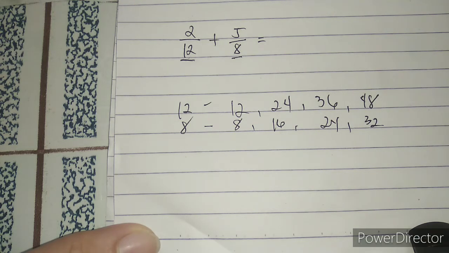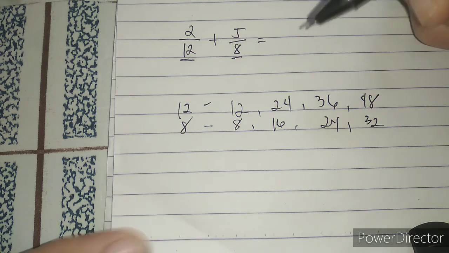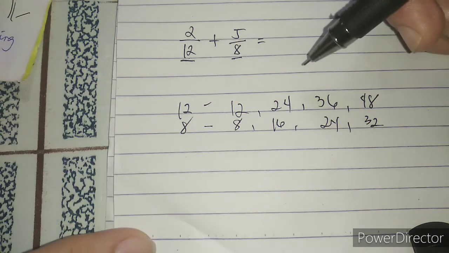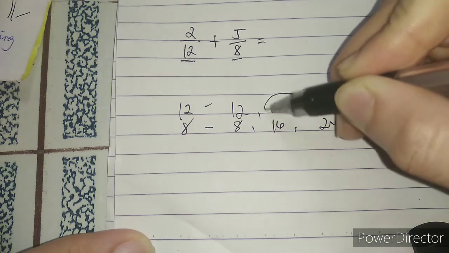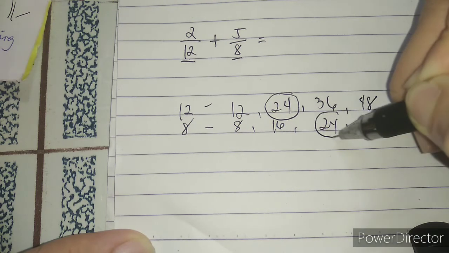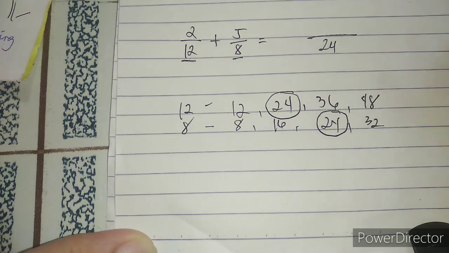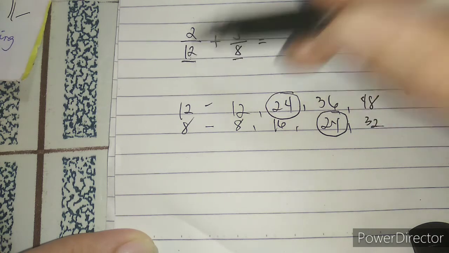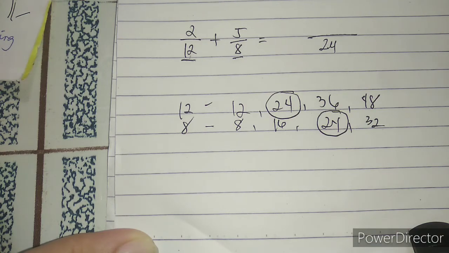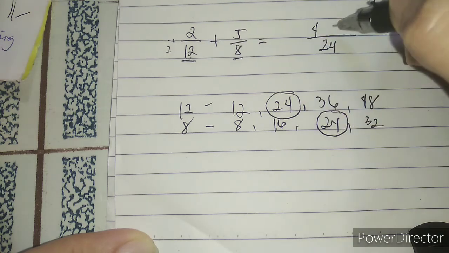So, hahanapin na natin ngayon yung LCD niya or yung number na least common multiple. So, sa nakikita natin, meron na ba? Meron na. 24. 24 is the LCD. So, lagay natin dito. And then, same process. 24 divided by 12 equals 2. And 2 times 2 equals 4. Copy yung plus sign.